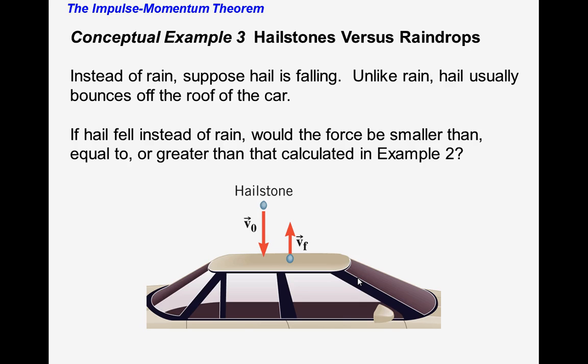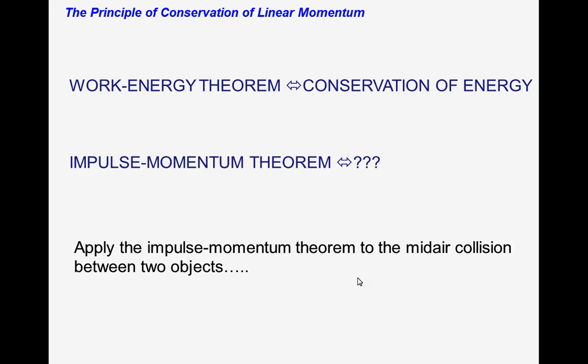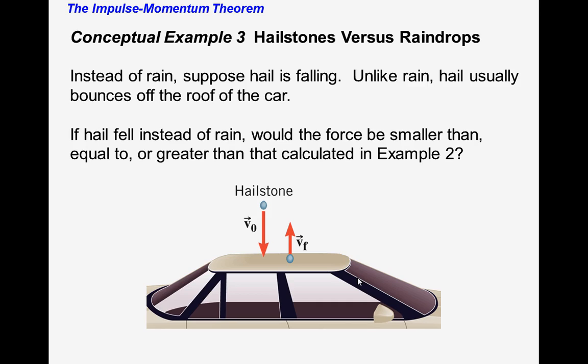Even if it's not a perfectly elastic event, such that it's going up at the same velocity as it was coming down, it's a reasonably close approximation that mv final is some positive value minus mv initial. The initial was negative, so what we wind up with is a very big number, twice as big as the initial. So it would be greater. You'll have more damage done to your car by hail than you would by rain.